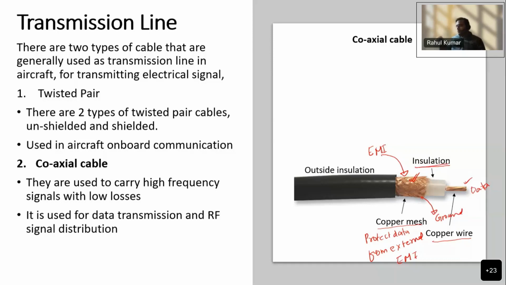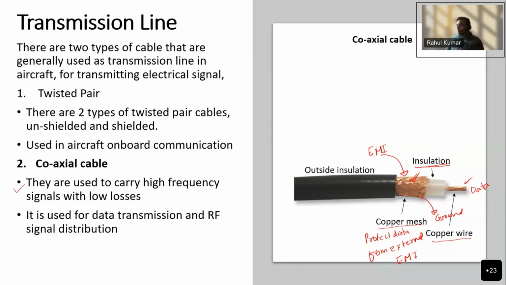So these coaxial cables are used to carry high frequency signals with low losses. And I think the transmission rate in coaxial cable is also high in comparison to your twisted pair cable.